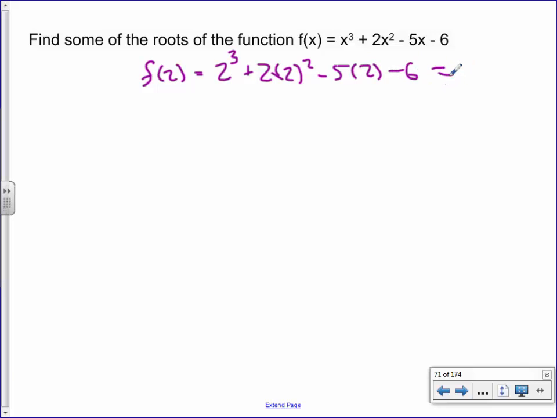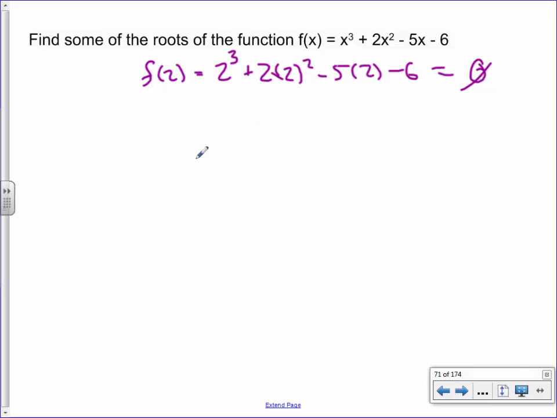All we're looking for is, does this equal 0 or not? Yes, perfect. To some degree, you're kind of just throwing mud at the wall and hoping it works. If 2 did not work, we'd just pick another number. But we found one that works.